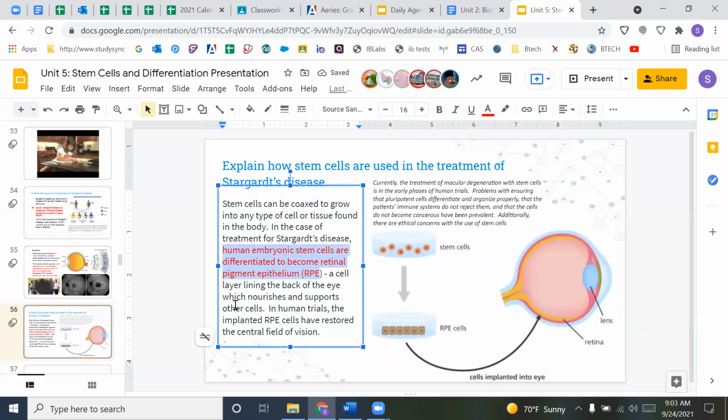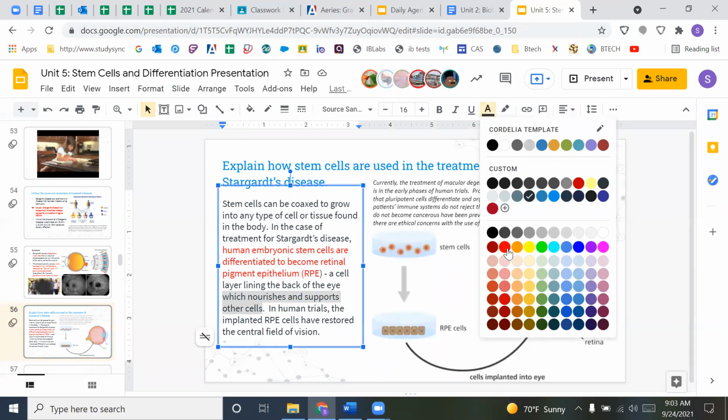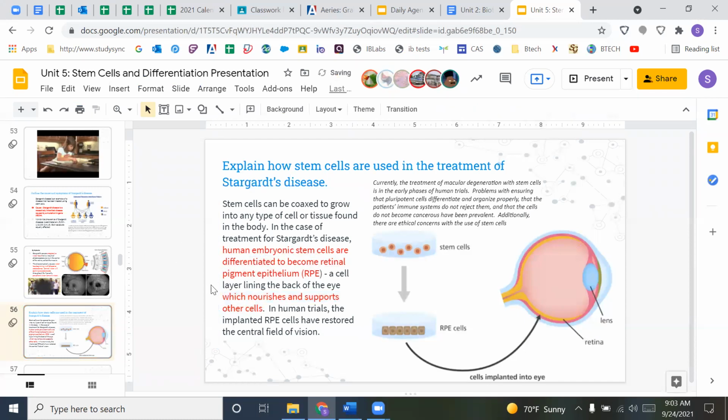A cell layer lining the back of the eye which nourishes and supports other cells. So we know what they're growing and what that cell does. To grow, I would say it probably doesn't take very long, but I don't know. I'm sure they know.